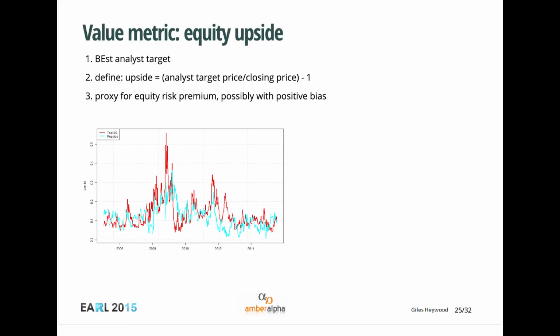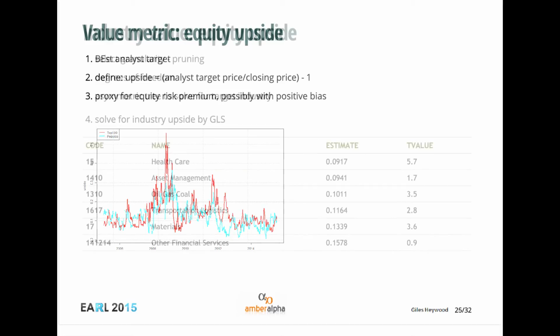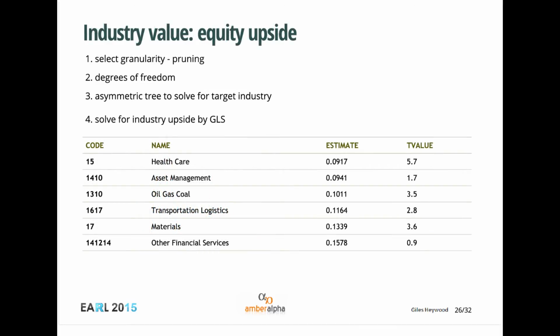So you define upside as the analyst target price divided by the closing price minus 1, and you could think of this as a proxy for the equity risk premium. And then you can customize the pruning of that industry classification tree, and then solve by regression for the upside on each of those industries.